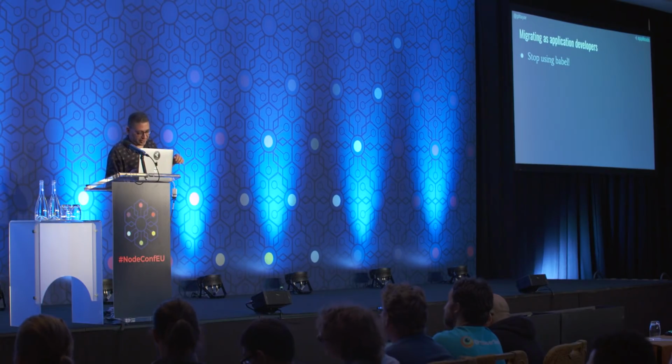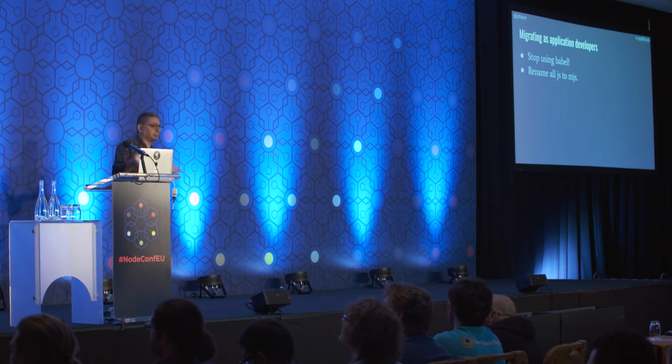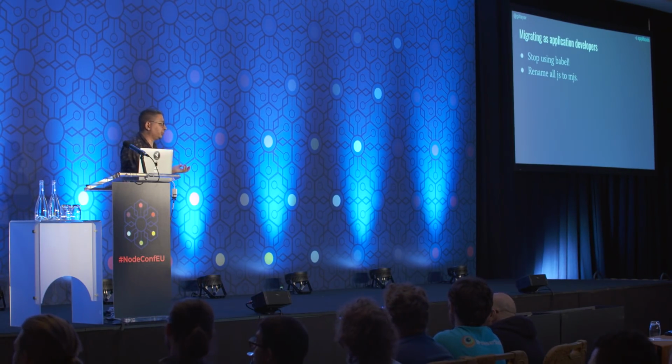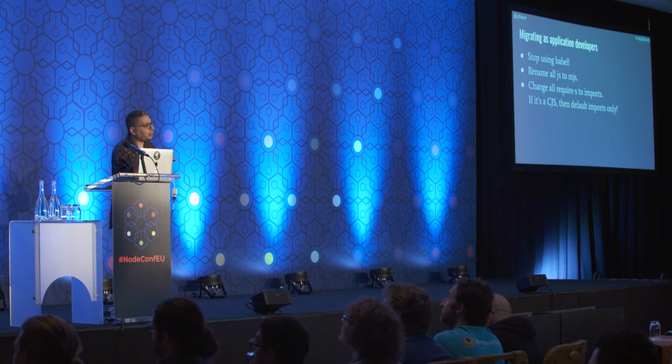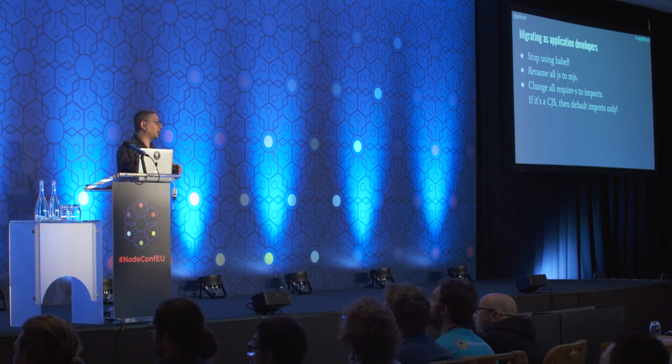I would say stop using Babel because Node is perfect for JavaScript, but hey. Rename all your JS to MJS because you want to migrate to ESM. Change all the requires to imports. That's pretty easy. I'm sure there's a code mod out there somewhere that can do it automatically.